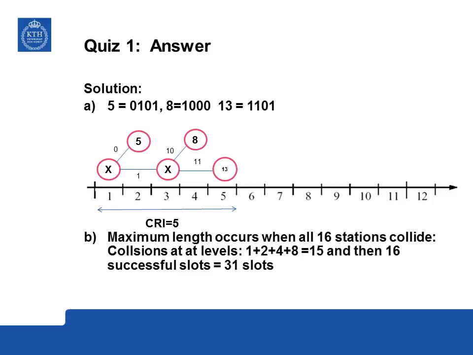That happens when all 16 stations collide at once, and in a binary tree we get one first collision in the first slot, and then we have to branch into 2 different branches, and then there will still be collisions, and then we have to branch into 4, and then we branch into 8, and then finally we get 16 leaves. So the total number of slots needed are the 15 collision slots and then 16 successful slots. In total 31 slots.